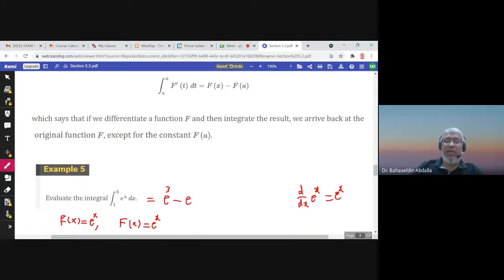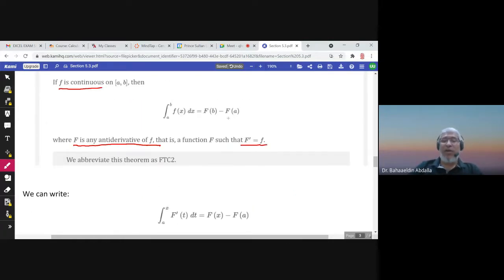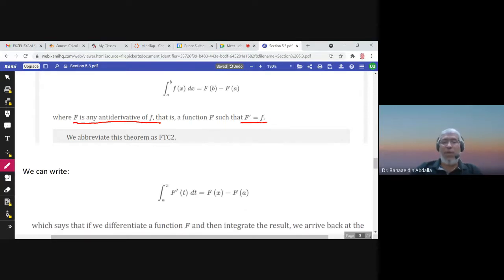Here, capital F of b minus capital F of a. If we replace b by small x, by a variable x, to make this a function, and instead of f of x, of course, f is the derivative, so we write f prime t dt.